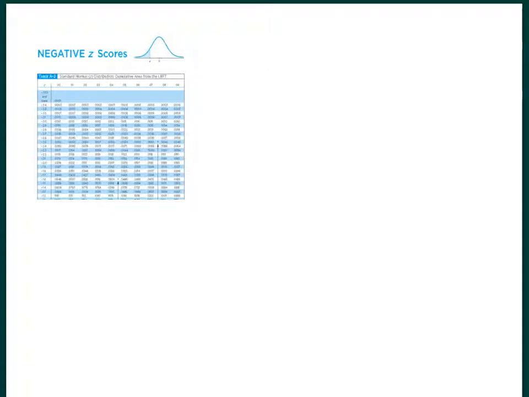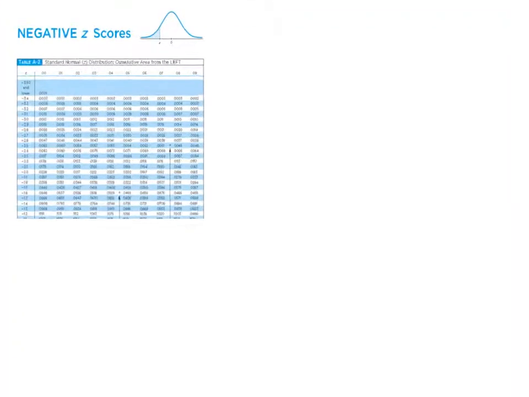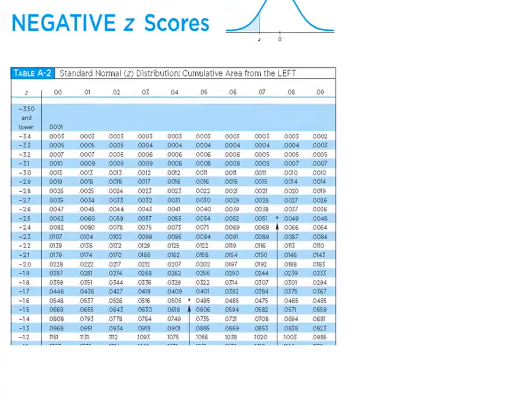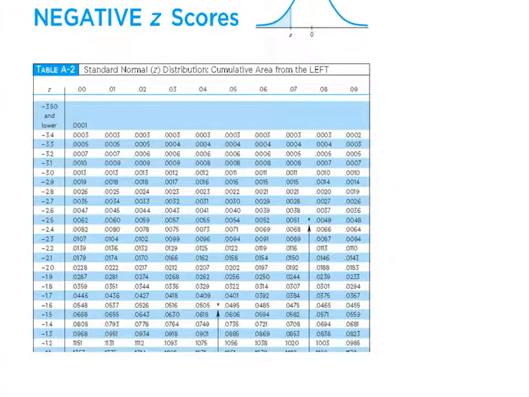So let's take a look at our z-table. If we look at the table that shows us areas in the tail, we see when we look for the value of 0.05 and get as close as we can, we can't find 0.05 exactly, but we can get pretty close.